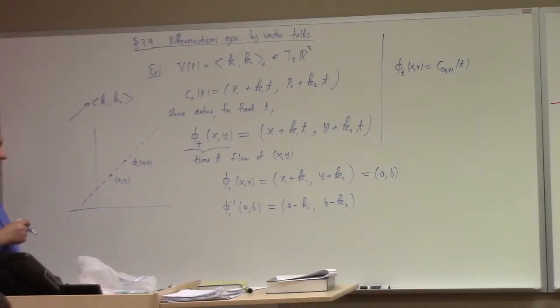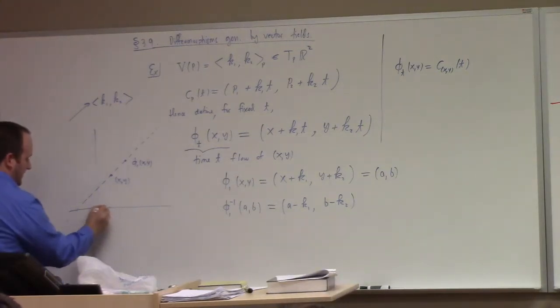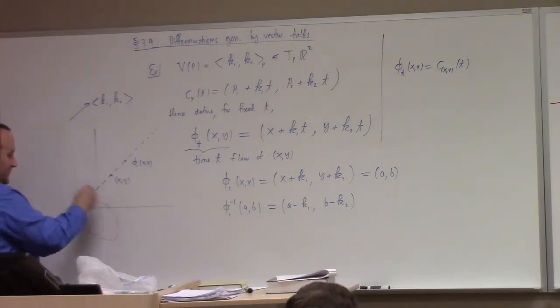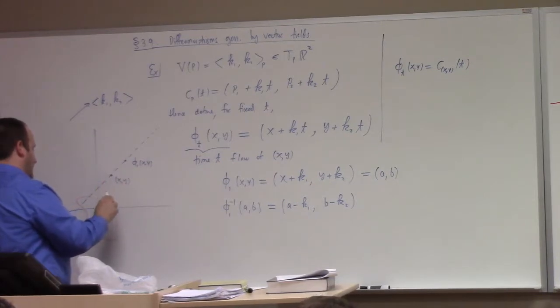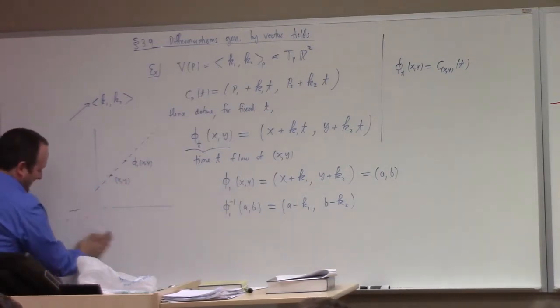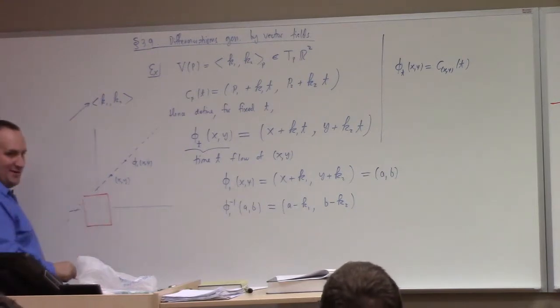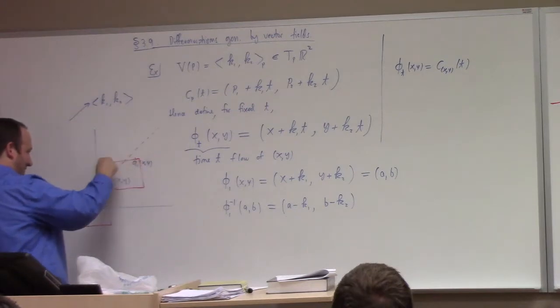If you think about this, you could do this for a whole set, right? You could look at this shape, and transport each point in this shape. You could look at each point and flow a certain amount of time, right?